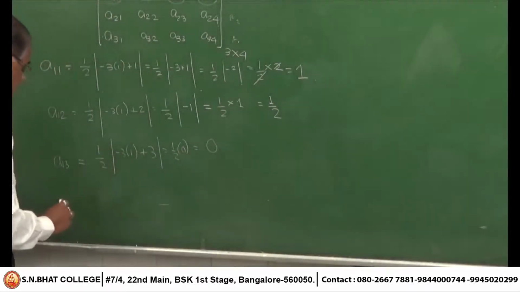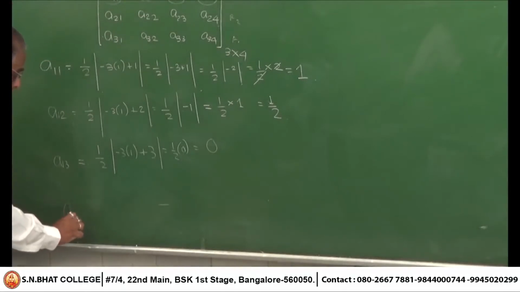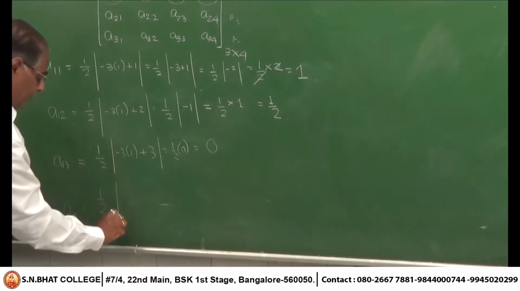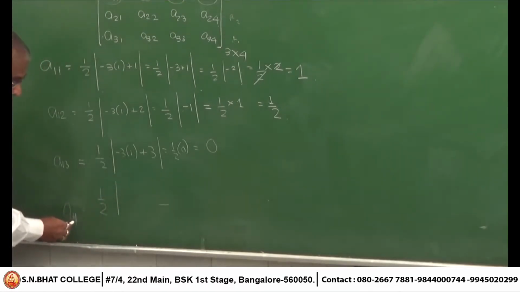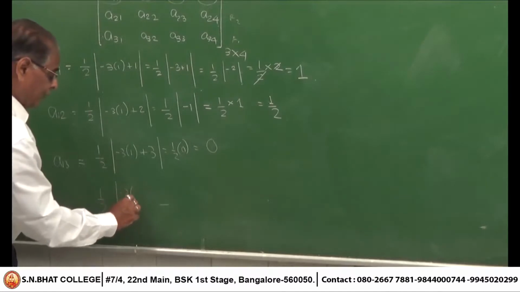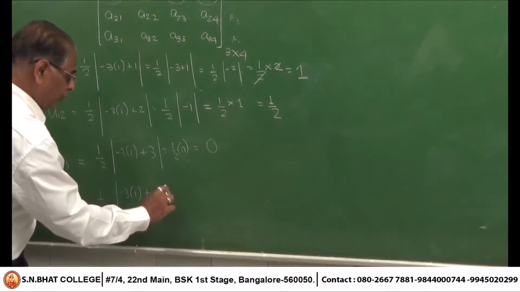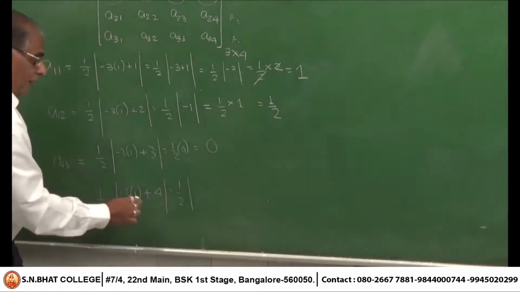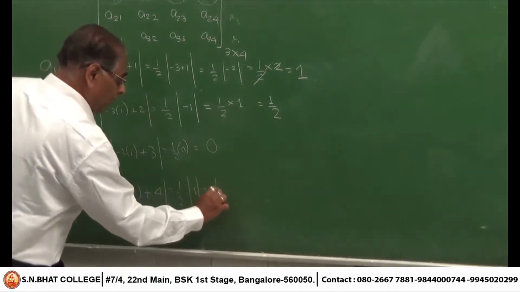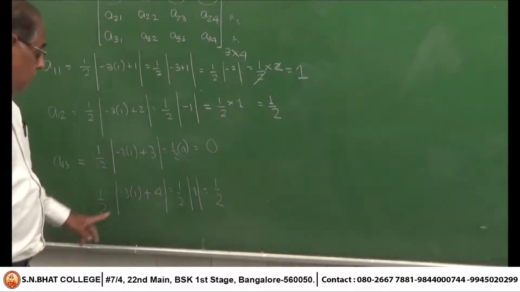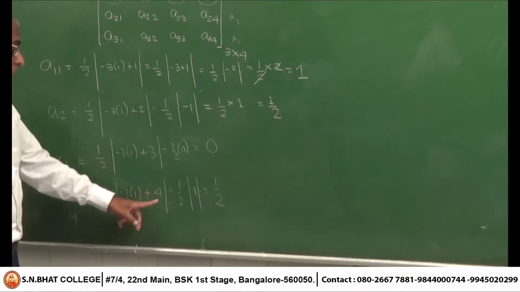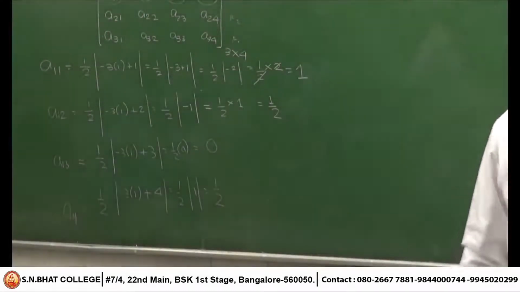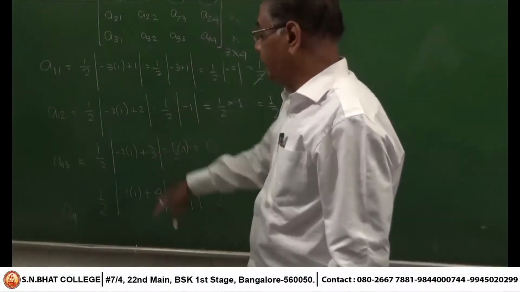A14 is half into modulus of minus 3 into 1 plus 4. 4 minus 3 is 1. Half into 1 is half. We have calculated the fourth element A14.